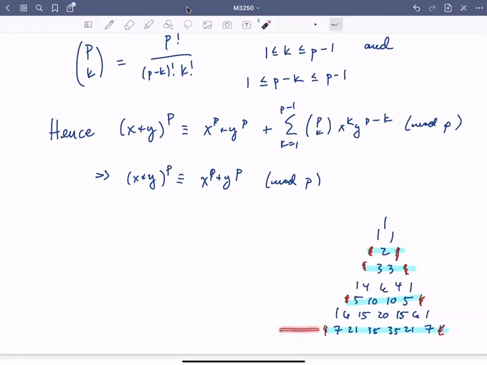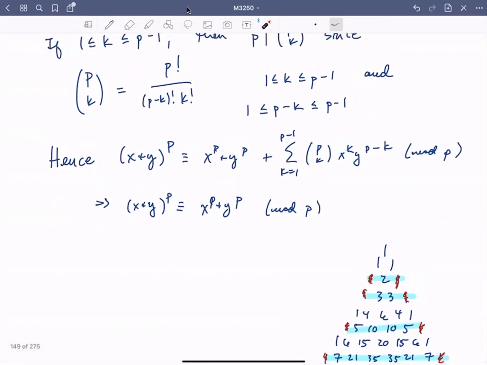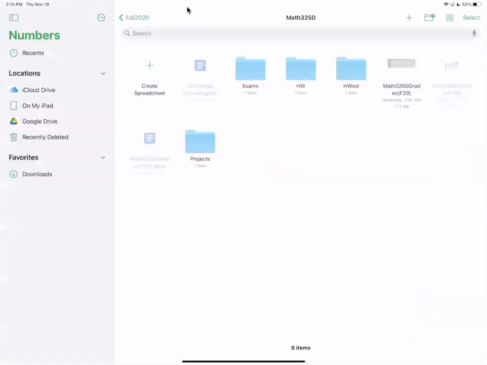And for the 7 row, it's even more apparent that 7, 21, 35 are all multiples of 7. What we're saying is that if p is a prime and you pick the binomial coefficients where you're avoiding having a p in the denominator, then the p is stuck in the numerator because there's no choice. p is only divisible by itself, and it's not in the denominator. Therefore, this is a multiple of p, so it's congruent to 0 mod p. That's basically the argument, and again, this is called the freshman's dream.